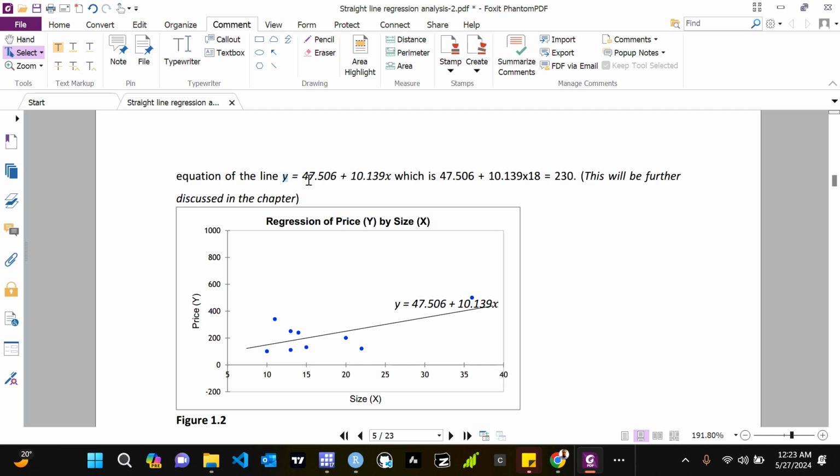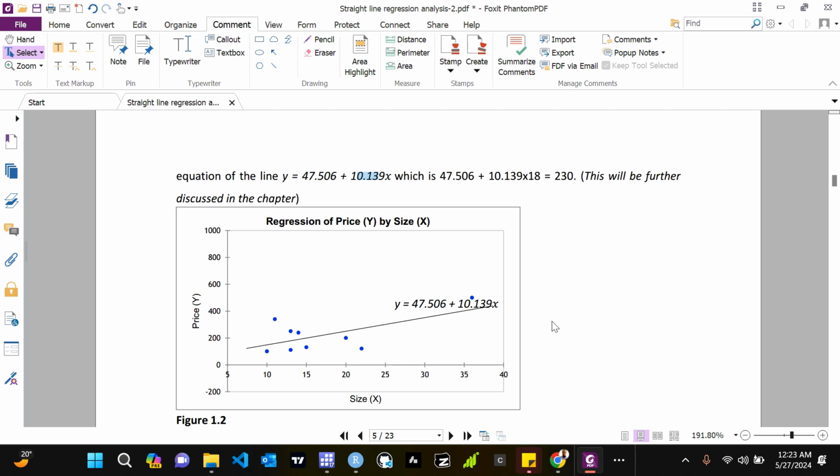It gives the equation y is equal to 47.506 plus 10.139x. So this is the y-intercept, and this is the beta 1, or the slope.